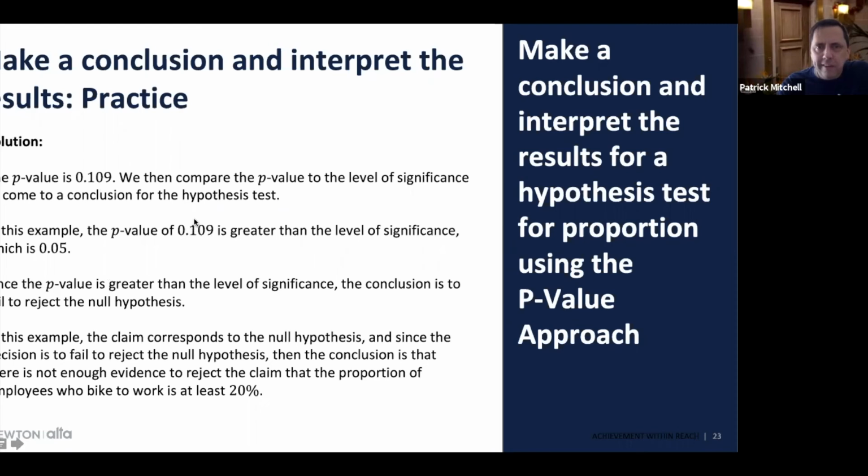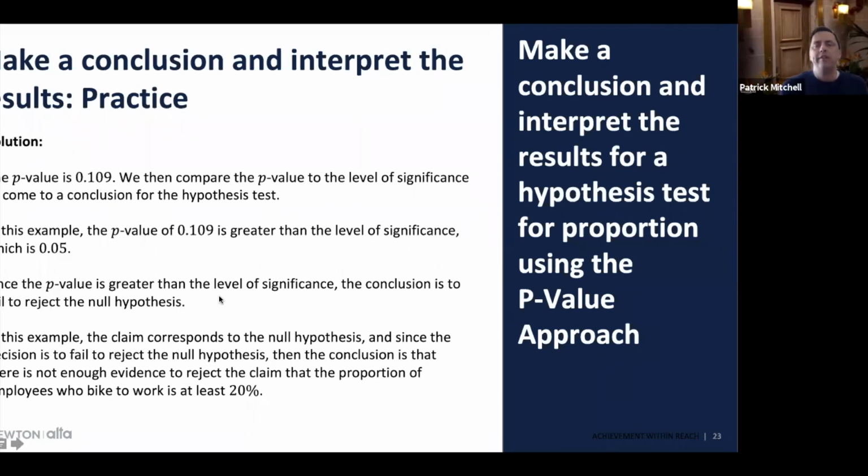So it wouldn't be too unusual for that to happen by chance. That is not strong enough evidence against the null hypothesis. So because the p-value is greater than the level of significance, we're going to fail to reject the null hypothesis.